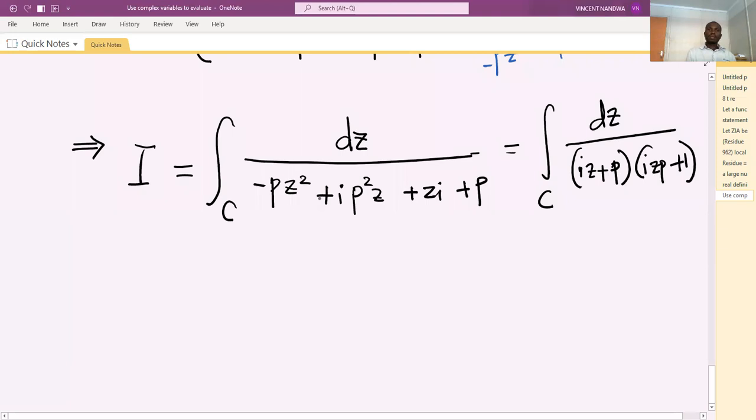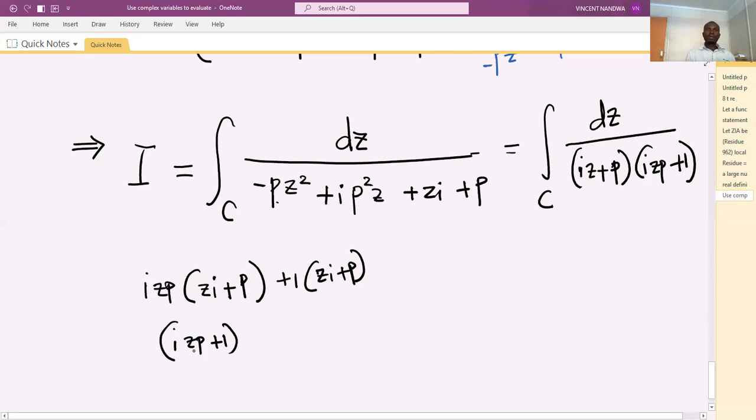Hope you can see that this is what is happening. So common here between these two terms, we can say factoring out izp into, so here I need zi plus p, and then plus 1 into zi plus p, so that I have izp plus 1 times zi plus p.